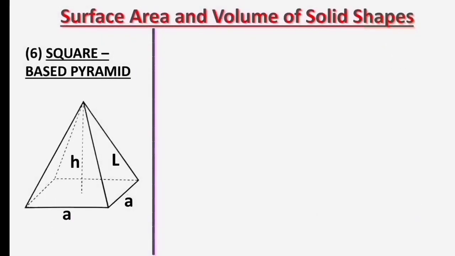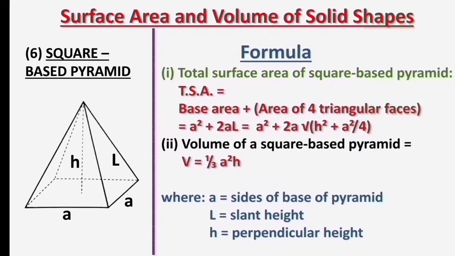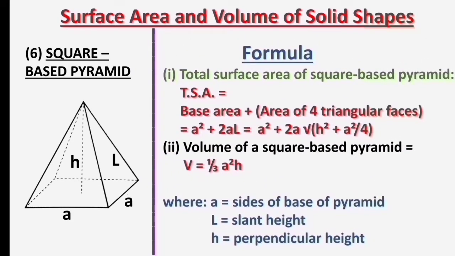For a pyramid, the total surface area of a square base pyramid is the base area plus the area of 4 triangular faces. That will give us a squared plus 2al, where l represents the slant height, which can be gotten from Pythagoras formula, which is the square root of a squared divided by 4 plus the perpendicular height squared.